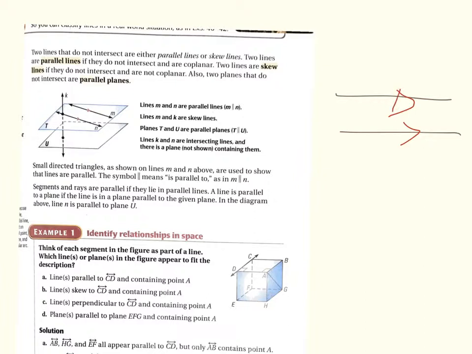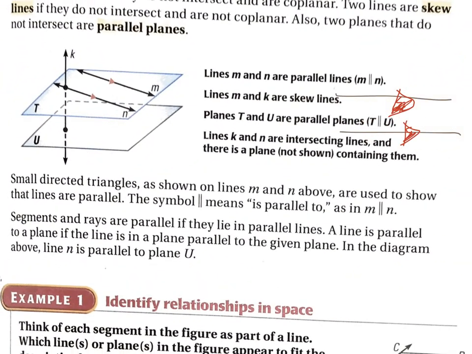Sometimes they'll be closed off and colored in. That would be a way that you can symbolize the parallel lines, and you can see how they're shown here on the page.